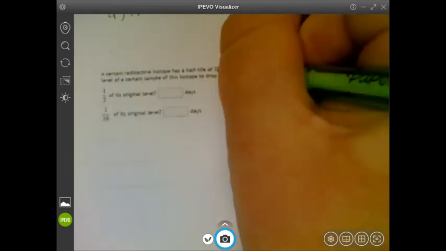It says its half-life is 75 days, so that means after 75 days, you're going to have half of what you originally had. If you're looking for when half of it is left, that's after 75 days. Kind of a trick there.